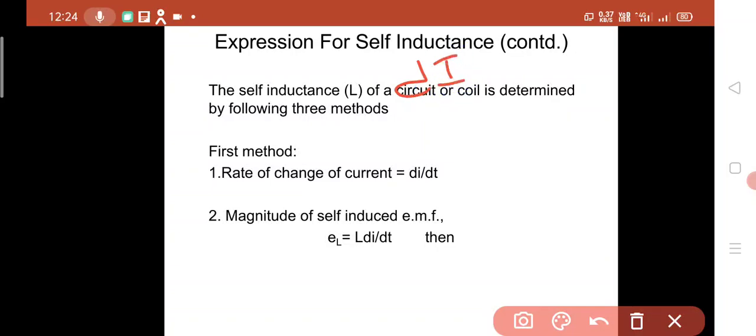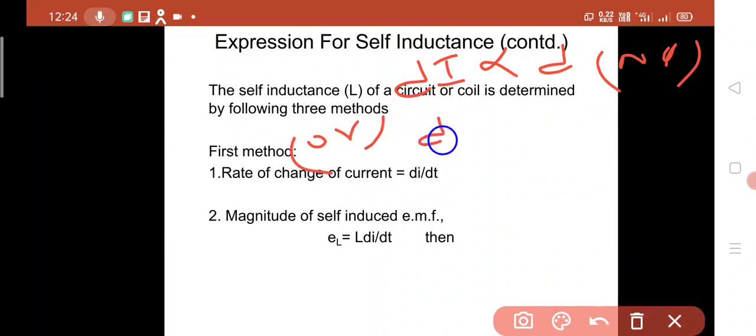So di is directly proportional to N into d phi.